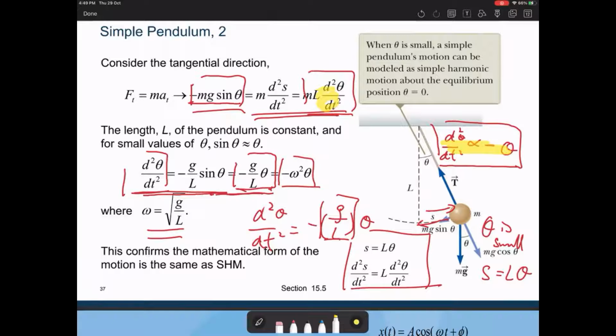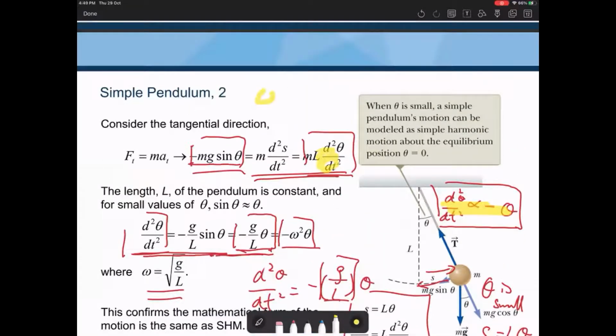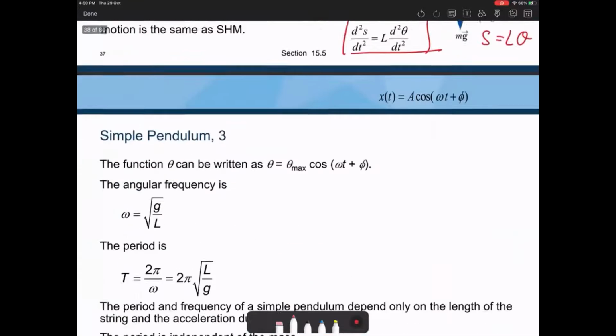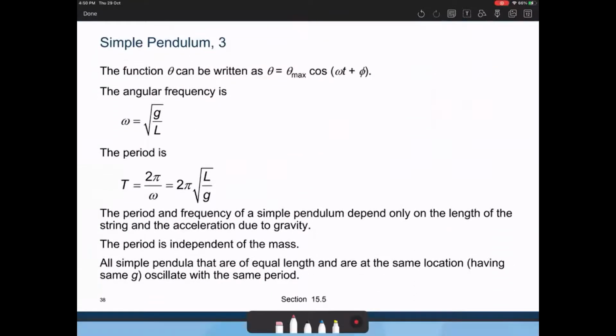Just like in the quiz that we have just done, omega for the spring and mass system is equal to the square root of k over m. It is nothing related to the amplitude. It just depends on the inertia and the spring constant. Similarly, here, the period depends only on the length of the string, and if you like, the acceleration due to gravity.